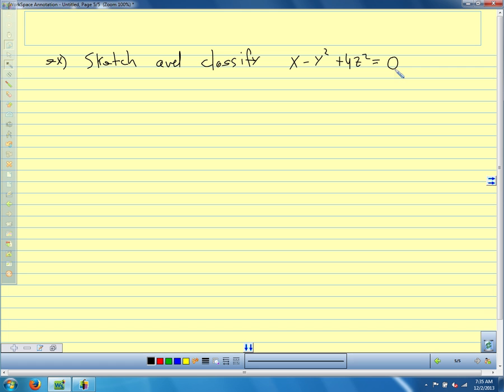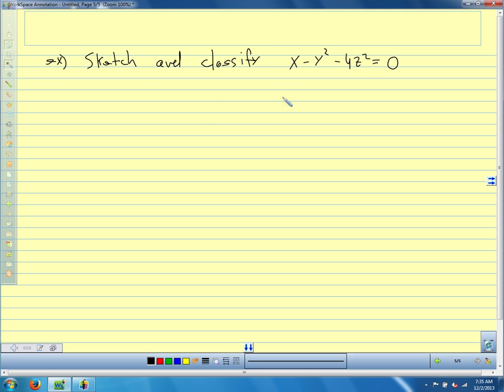So it's a second degree equation that involves all three of our variables in some way. So we want to sketch this and kind of give it a name. So let's look at our trace in each of the coordinate planes. I'm going to rewrite this because x isn't squared. I want this to be a minus. That'll make our surface a little nicer.